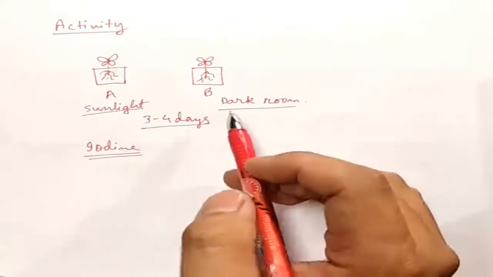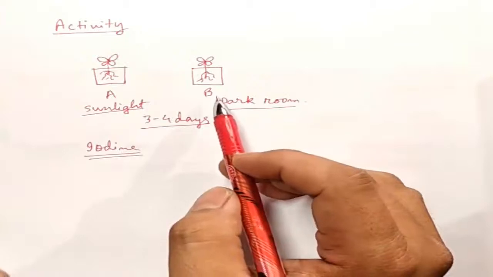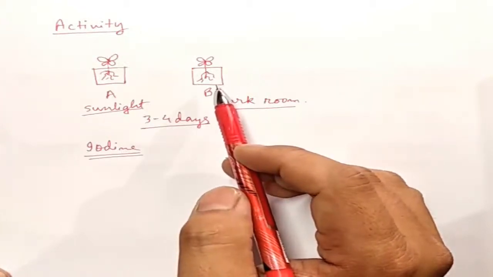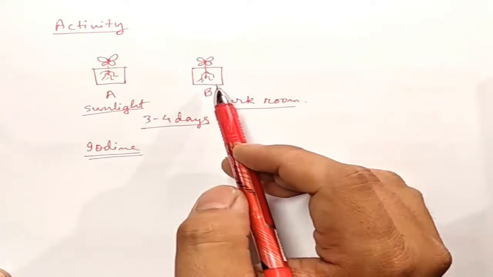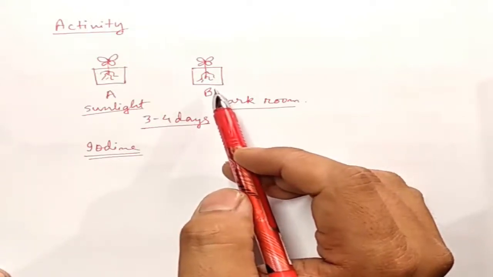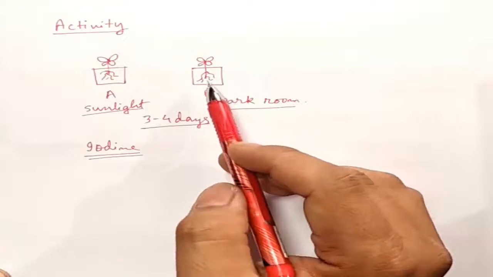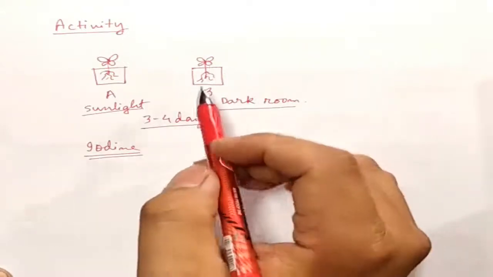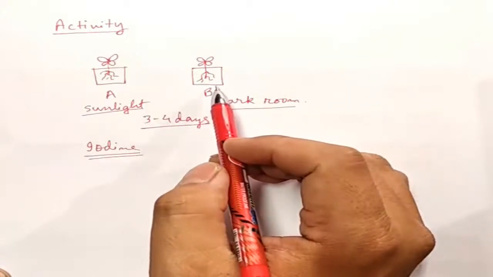But for the test of potted plant B, the iodine solution remains unchanged, which means that there is no starch on the leaf, which means that photosynthesis is not done.